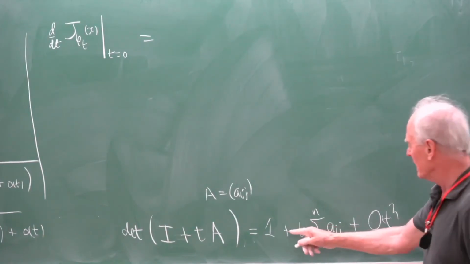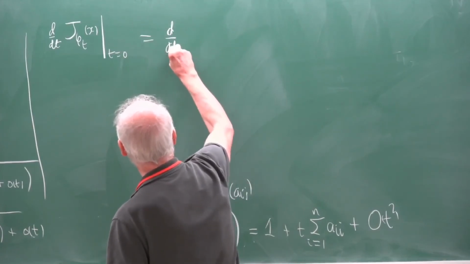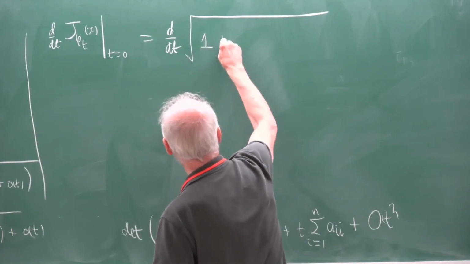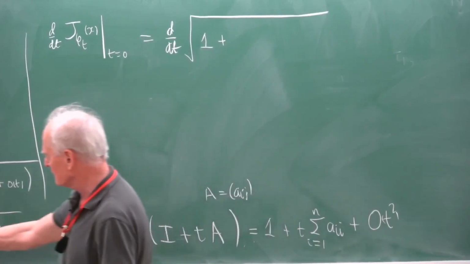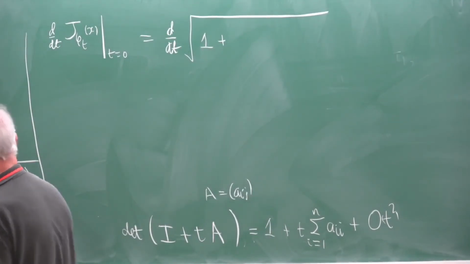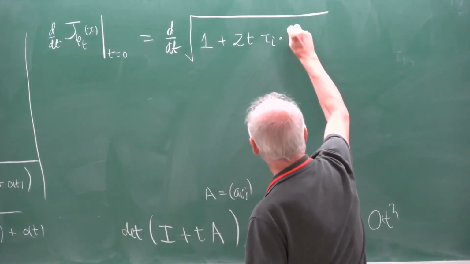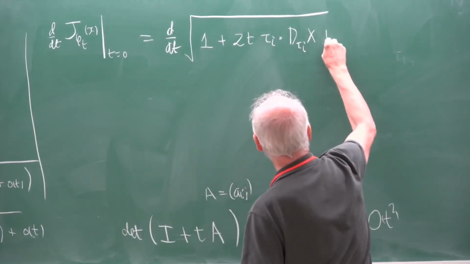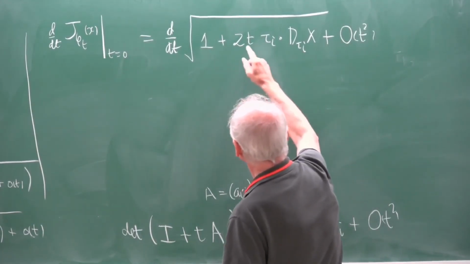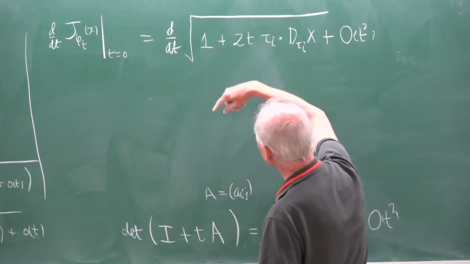So apparently we get 1 plus the trace of this. So it's d/dt of the square root, and mustn't forget the square root, of 1 plus, now it's the trace of this, which gives us 2 times tau_i dotted with d tau_i. So it's 2t tau_i dotted with d_tau_i tau of x, and then plus big O of t squared. And the half power gives you a factor of a half, and the 2 gives you a factor of 2, so they cancel.